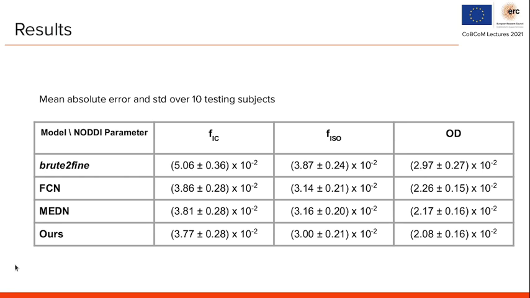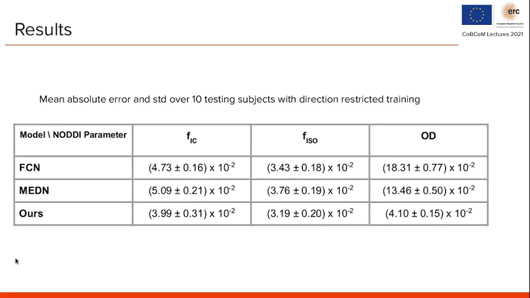Methods are quantitatively compared in terms of mean absolute errors, averaged over 10 testing subjects, and obtained results can be seen in the table. We can notice that deep learning approaches significantly outperform brute-to-fine optimizer. Comparing our method to another 2 deep learning approaches, we can see that it yields lower average error for all of the 3 compared NODDI parameters.